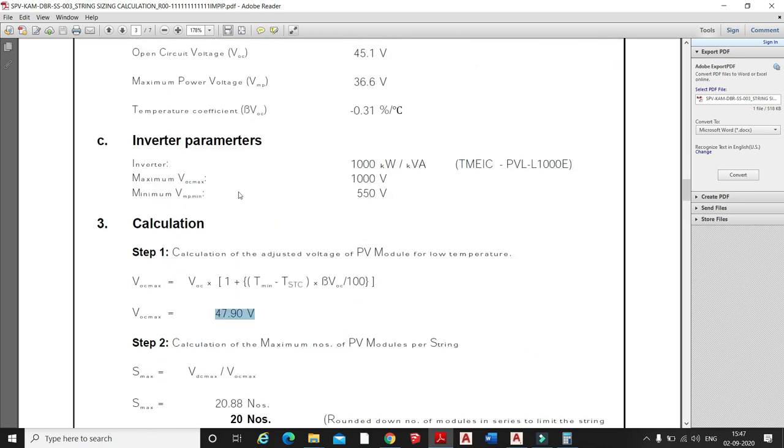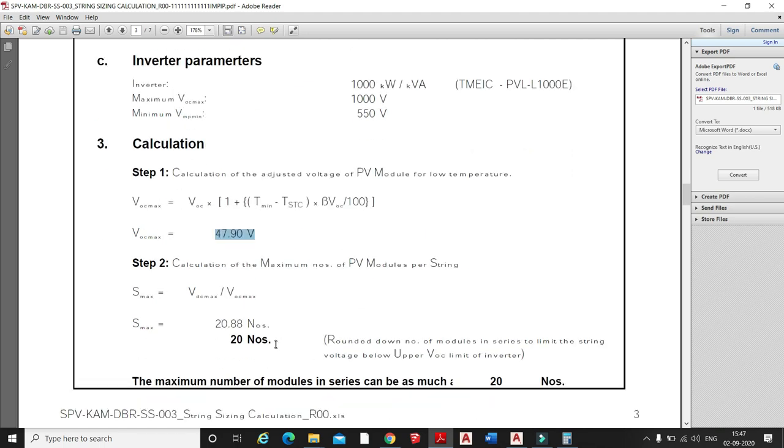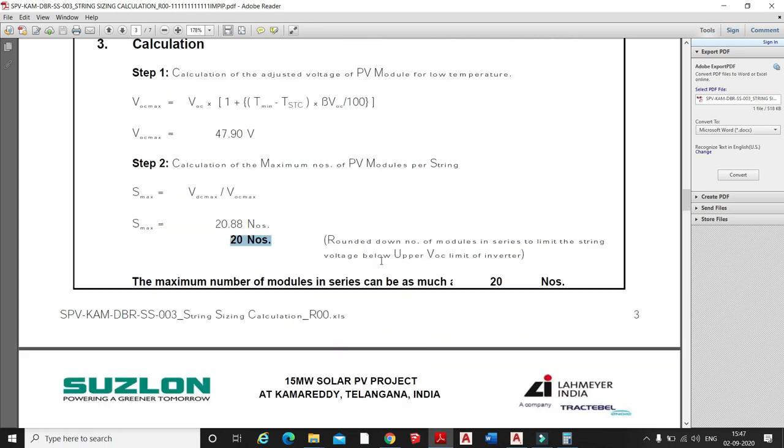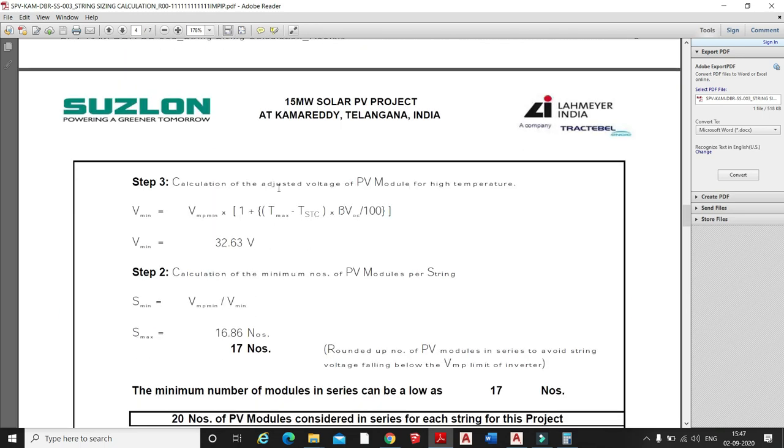So when we divide the maximum DC voltage by 47.90, we get the maximum number of modules in series. The same type of calculation we do for the higher temperature, because when the temperature is increased, voltage is decreased.